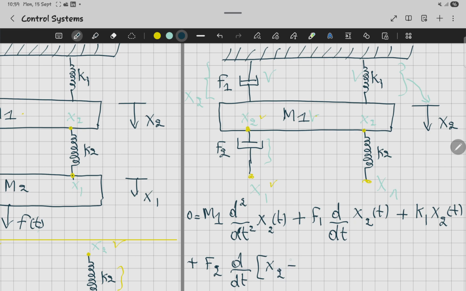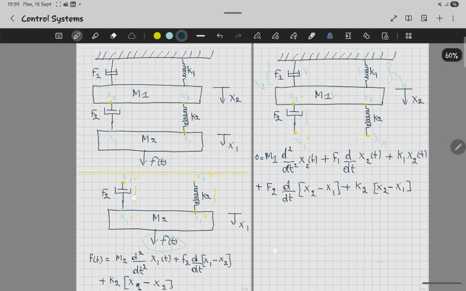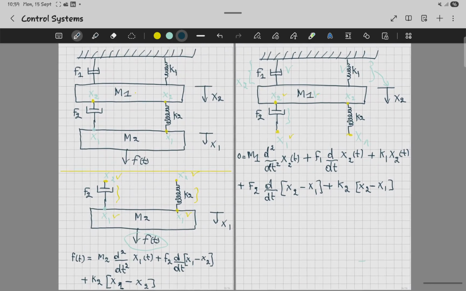This is more the inverse of what we did before. And k2 is going to be x2 minus x1. So this is how you get the equation for this question.